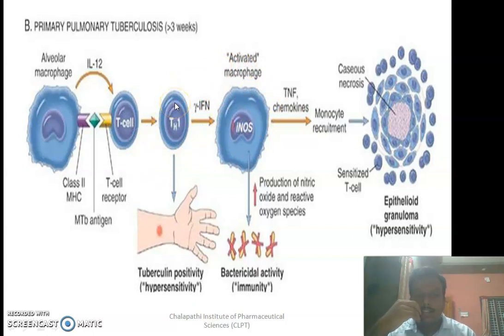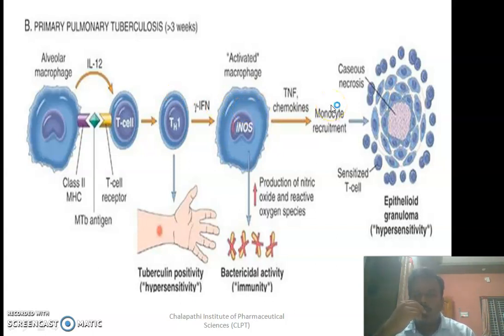But instead of killing the bacteria, the cytokines released by the T helper cells cause damage to the background tissue, and the already deformed alveolar macrophages, which we call epithelioid cells, combine with each other and form tumor giant cells.